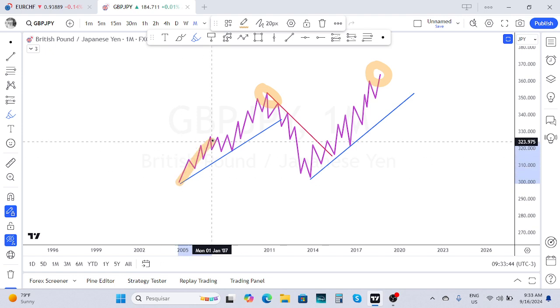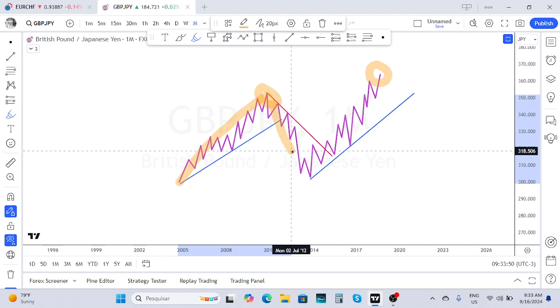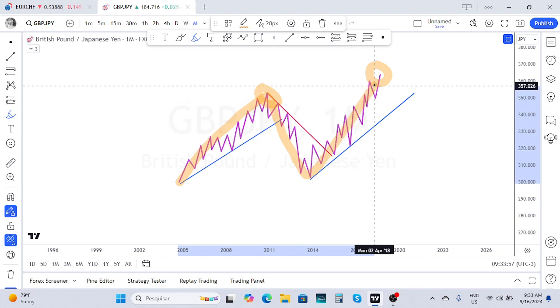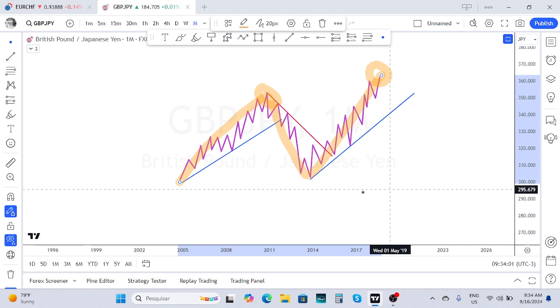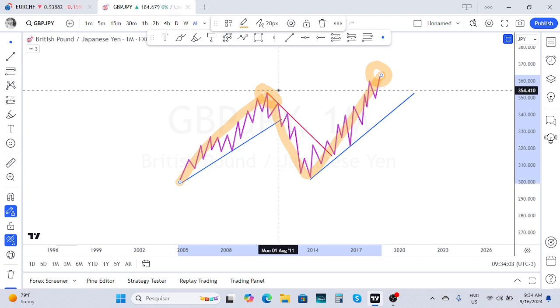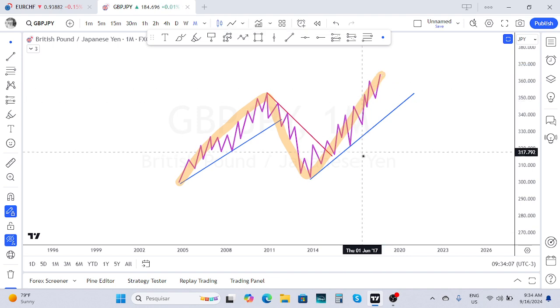So we have extension, or in another word we can call it impulse. Then we have retracement, in another word correction. Then we have the next impulse leg right here, which is the next extension. So this orange line right now is serving as the market structure trend.